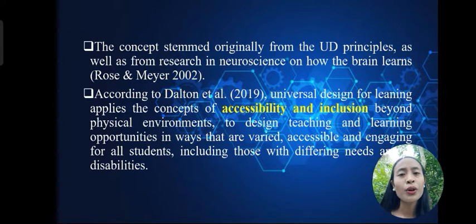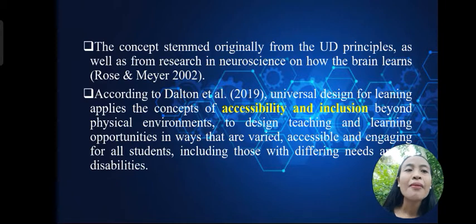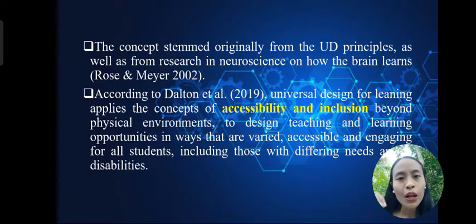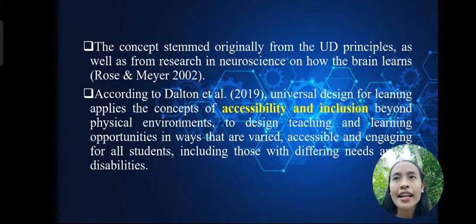Walang maiiwan, no one will be left out, and lahat makakasabay kasi we are providing means para magamit ito ng lahat. Note that this is very important in the teaching-learning process kasi ini-aim natin na makapagbigay ng learning sa lahat ng klase ng estudyante. Dapat walang mafe-favored because we should always aim for inclusion or inclusivity.